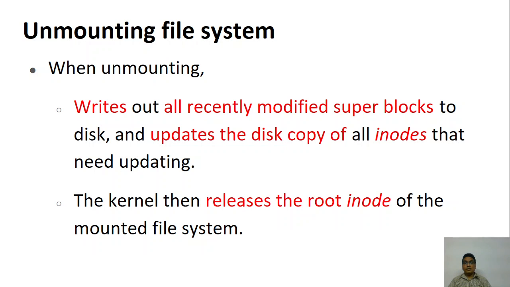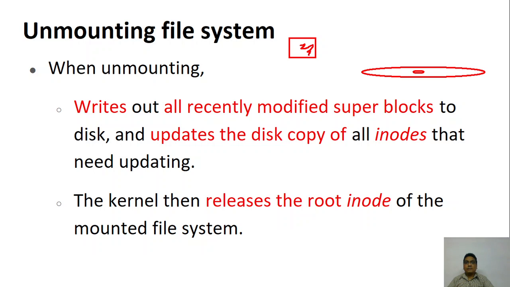At the same time, when we are using the disk, or it could be a pen drive also, I am just showing the content of the disk because it is easier for me to draw. Now the super block of this disk, you know that there is an in-core super block in the RAM.